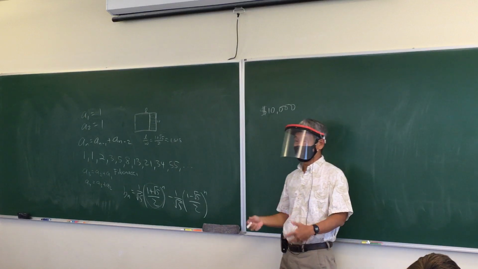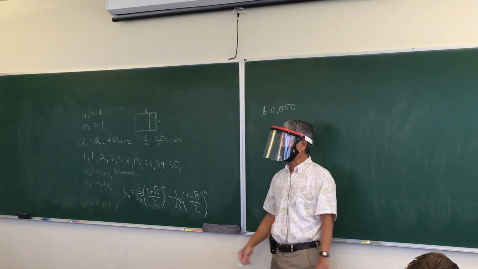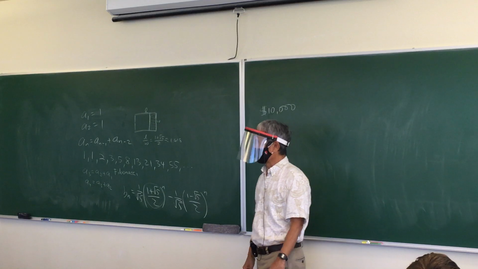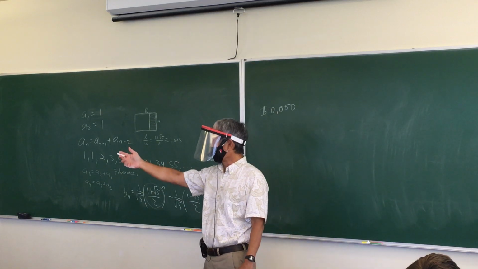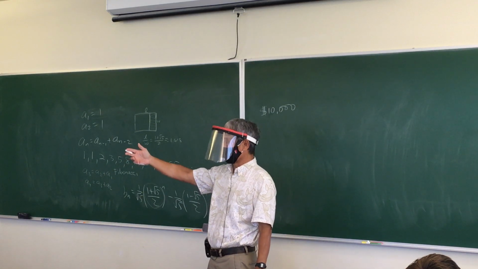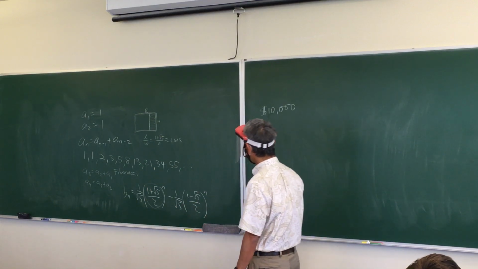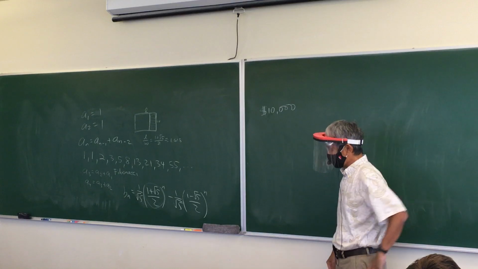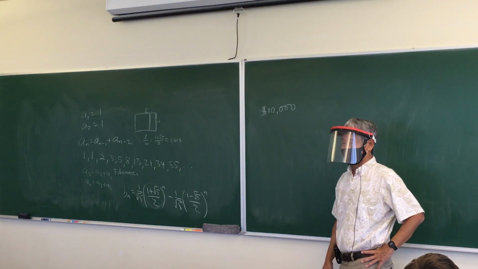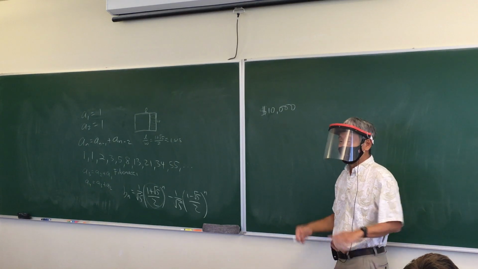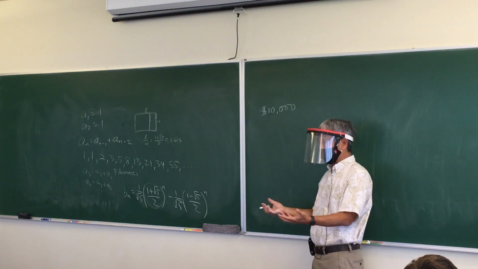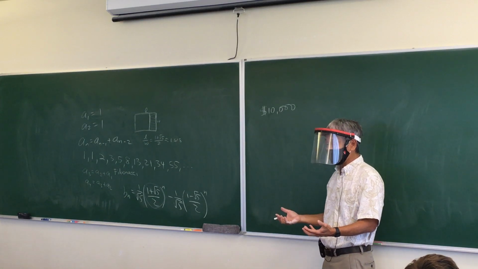What kind of interest rate am I going to get here? Well, in the homework, it says 10% a year, but that's pretty high. Okay, let's do something more realistic. How about 5%? So you put it into an account that earns 5% every year.